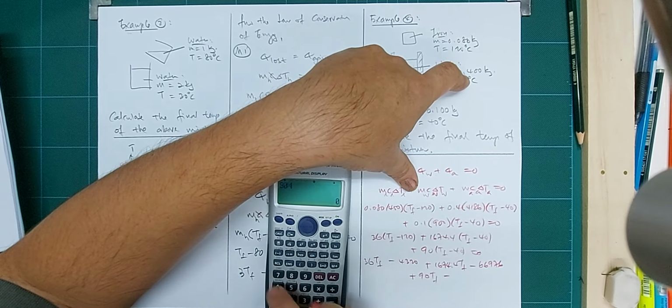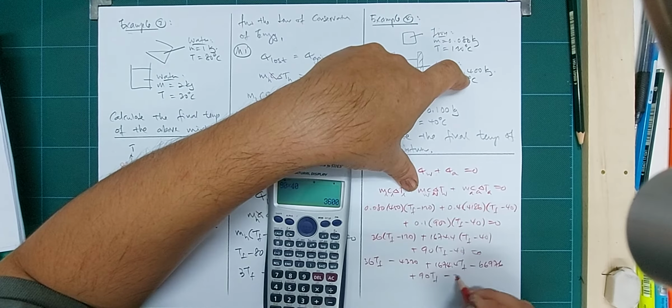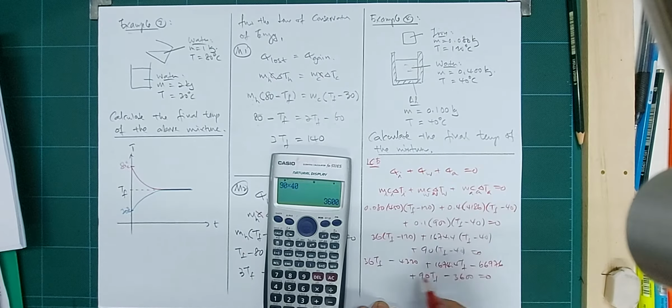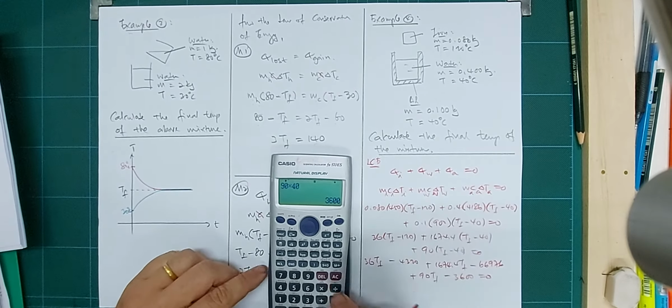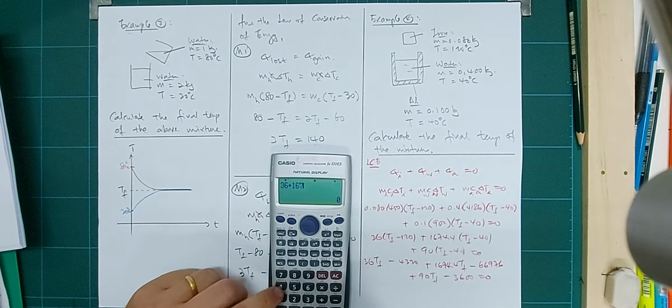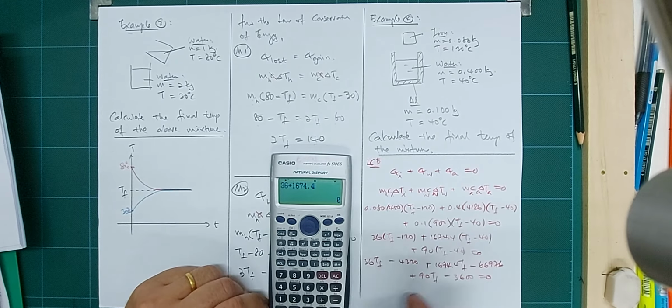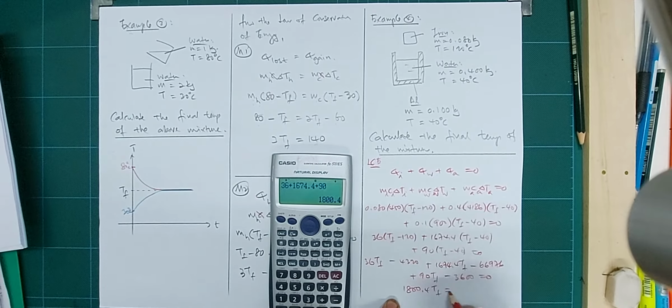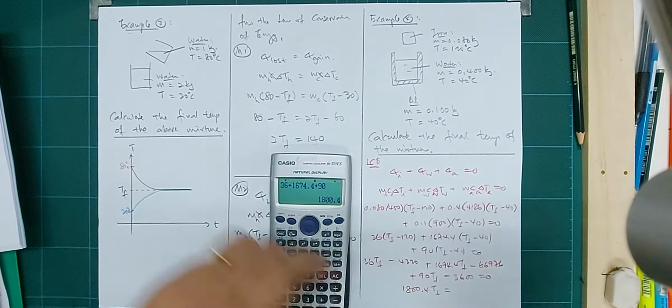Then you have 90 multiplied by 40, you get 3600. Now we compile, put the TF together. We have 36, then plus 1674.4, and then plus 90. So we have 1800.4 TF is equal to everything. This one moves to the other side.